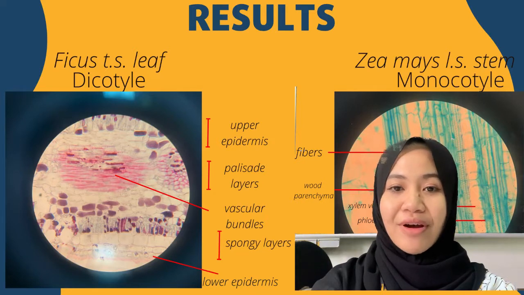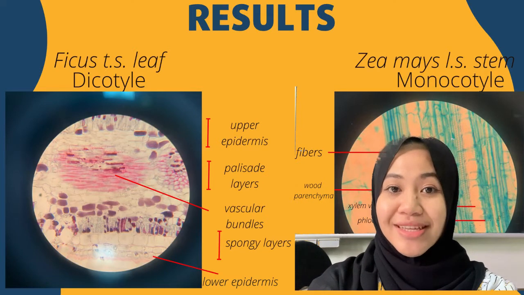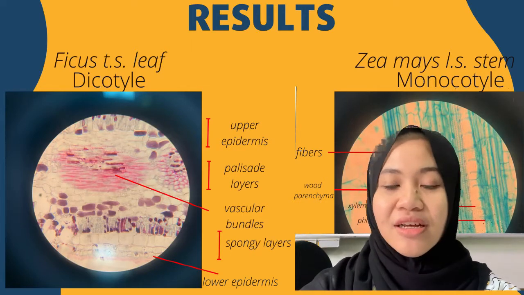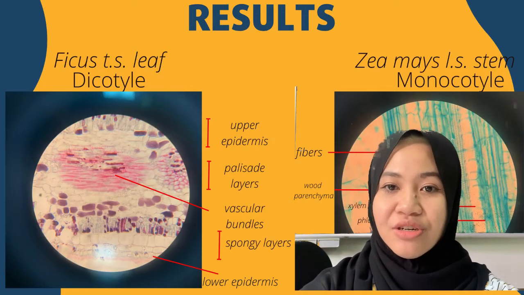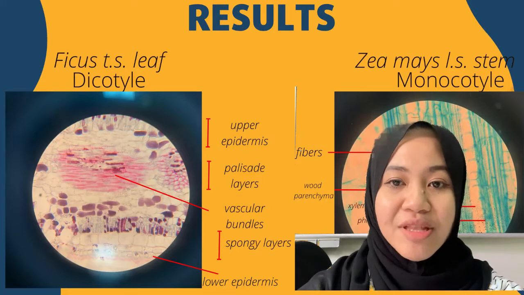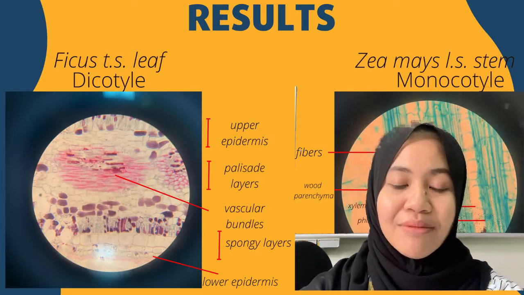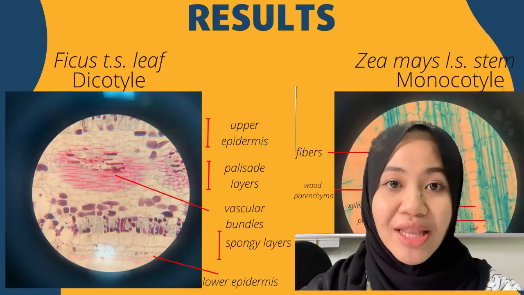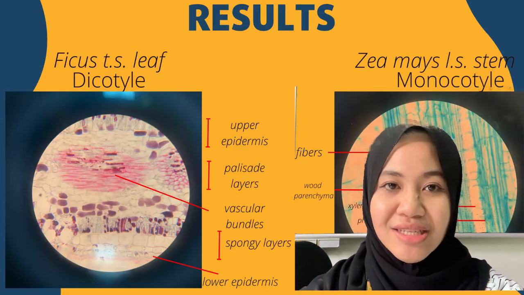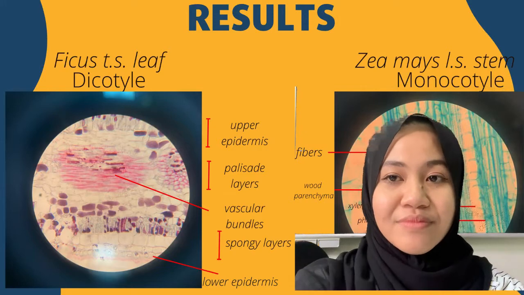It is classified as dicotyle, and we can see there are some structures that exist in this slide: upper epidermis, palisade layers, vascular bundles, spongy layers, and the last is lower epidermis.